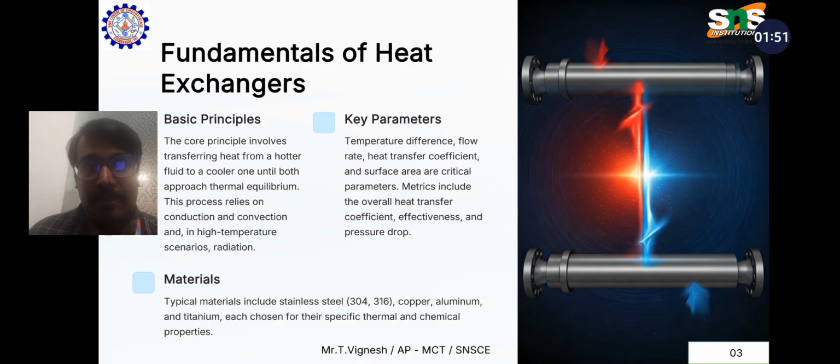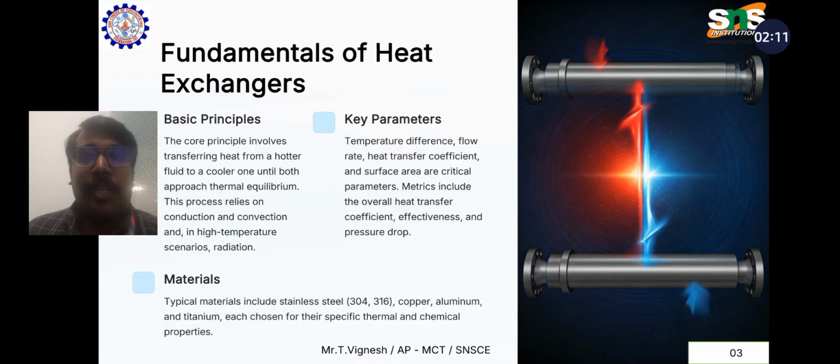This heat exchanger device also works on the same principle. In general, heat exchangers have an array of tubes, where in one tube the hotter fluid gets passed, and in another tube the colder fluid gets passed.